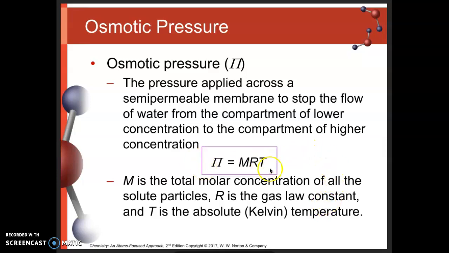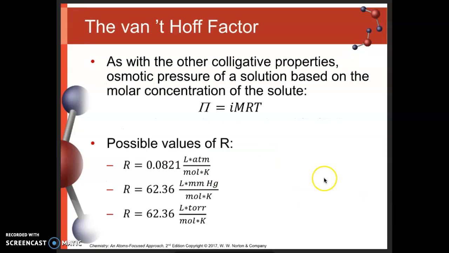Now, this particular equation is actually incomplete. As we have seen with other colligative properties, there is the Van Hoff factor to consider. And remember, the Van Hoff factor is associated with total ion concentration. So once again, we can estimate i by the number of ions produced per molecule.